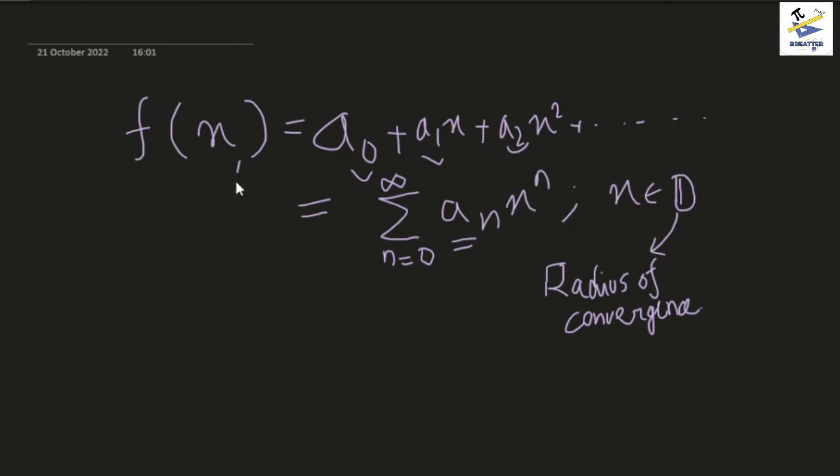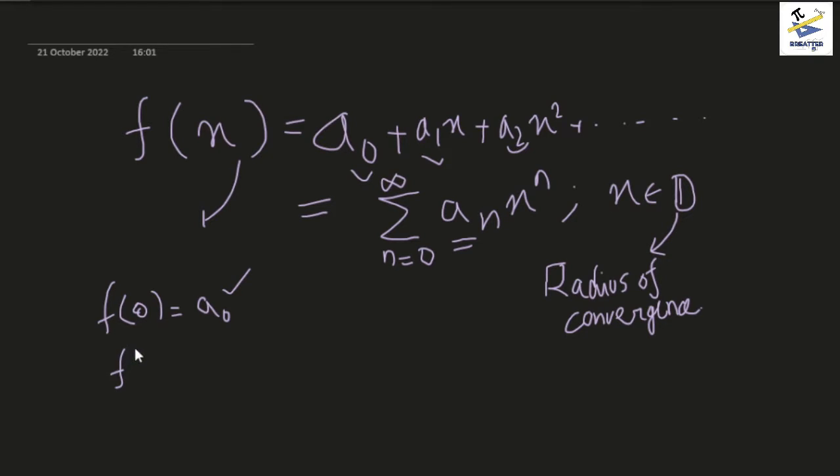First of all, if you look at this series and put in x equals 0, what you get is f of 0 equals a naught, because all the other terms become 0. So a naught is f of 0. Now how are we supposed to find a1?